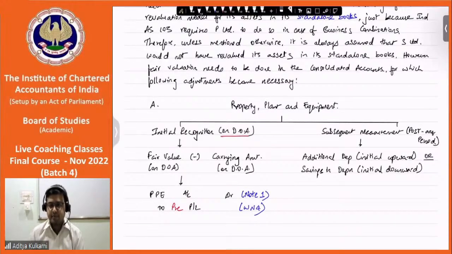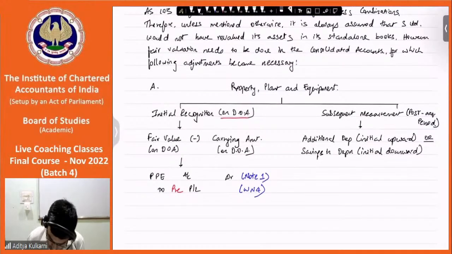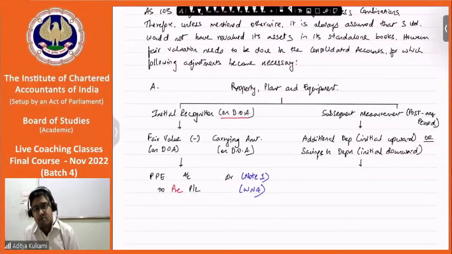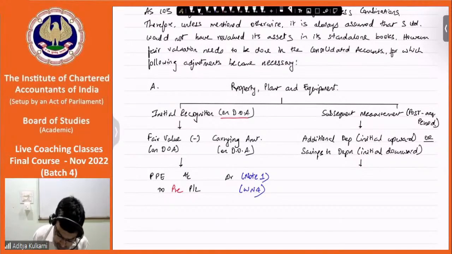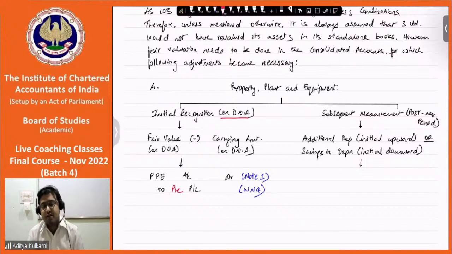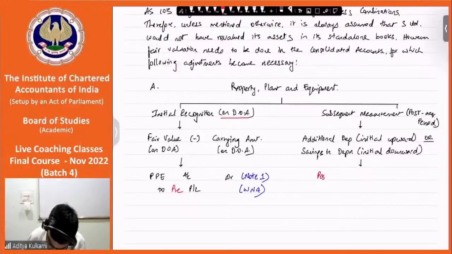Fair enough. So what is the treatment for initial upward revaluation? There would be an additional depreciation, which would be after the date of acquisition. So that will go in the post period. So post P&L account debit to property, plant and equipment.